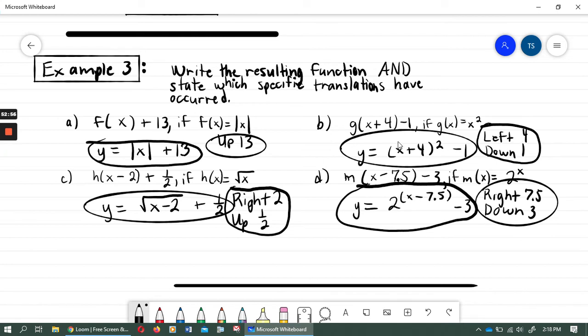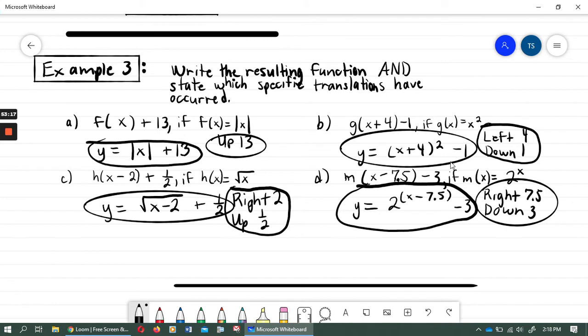Based on the adding 4 on the inside, that's going to be us moving left 4, and based on us subtracting 1 on the outside, that's going to be moving down 1. So this is going to be a combination of moving left 4 and down 1.